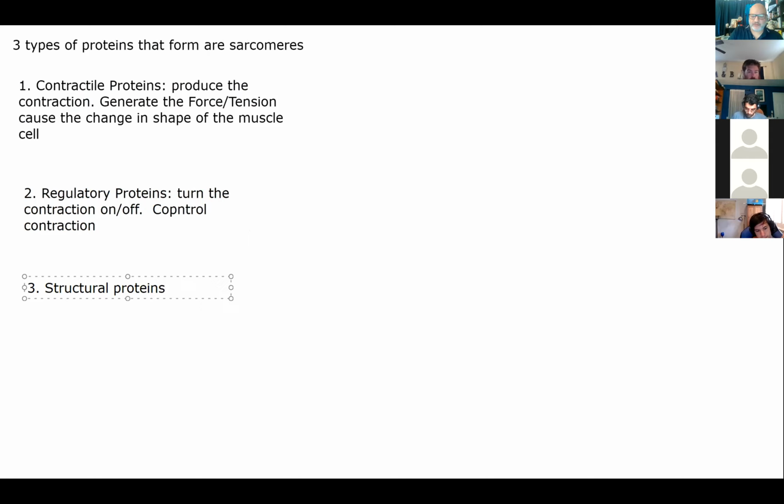These structural proteins are the ones that align the proteins. This forms our sarcomere, gives us the precision, and this is what causes the stripes.